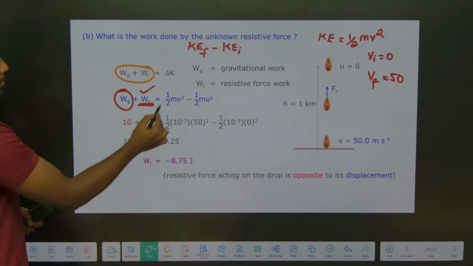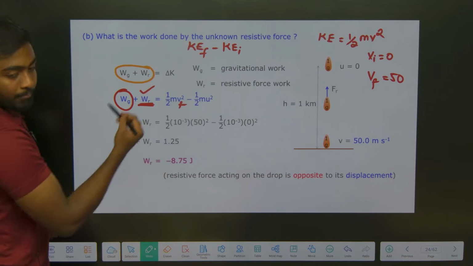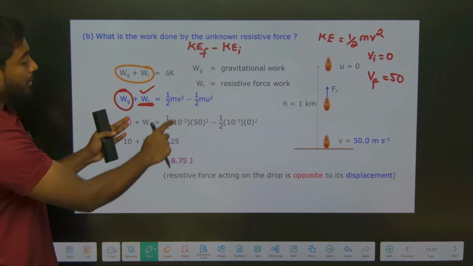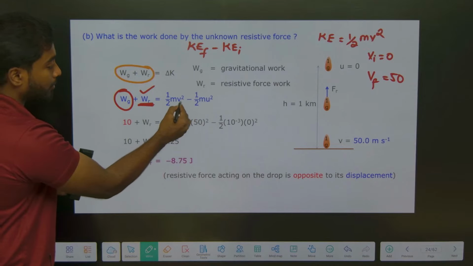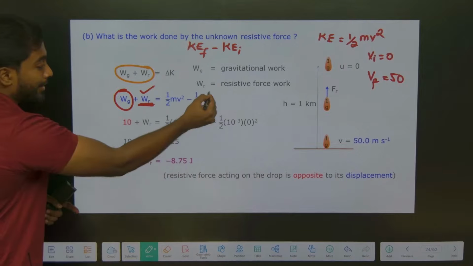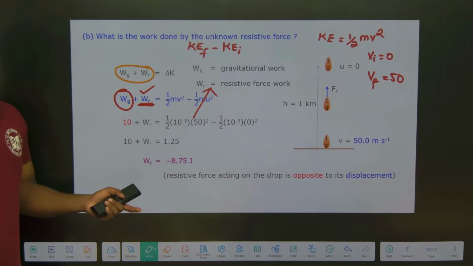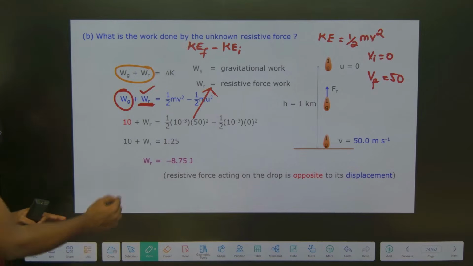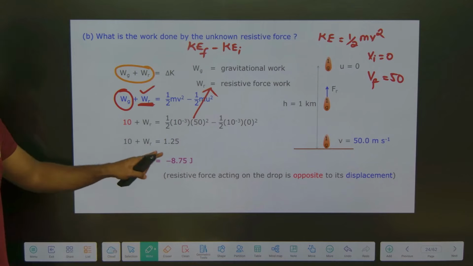So it is half m, v final square minus v initial square. If you are considering both as v, mention whether it is final or initial. So final minus initial; I can neglect the initial term, it is 0. So half of 10 power minus 3 into 50 square equals 10 plus the unknown resistive force.